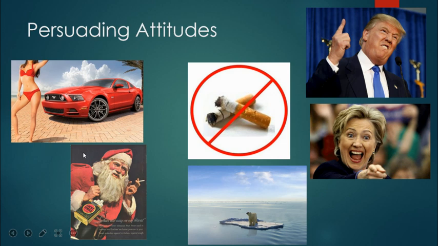I love this picture here. Santa smokes Lucky Strike. This is back when smoking advertisements were running wild. I don't know exactly what they're trying to imply here, but if Santa smokes Lucky Strike, well, geez, I guess Lucky Strike is good enough for me.